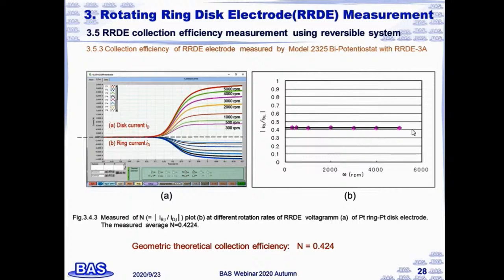The average of the collection efficiency N is 0.4224. This value is quite near to the calculated N value, 0.424.